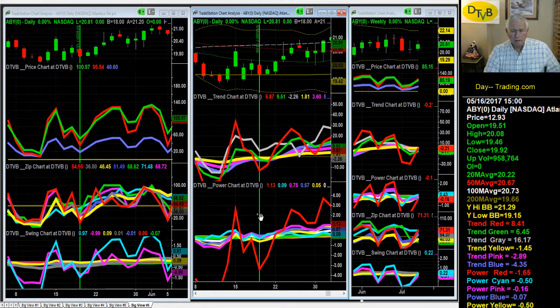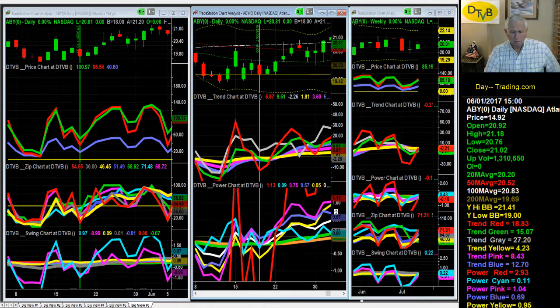So in this example here on the vertical green line, some of the key things that we have are that trend red is lowest, PowRed is lowest. It's very beneficial when those two are lowest. We also have power yellow lowest if I move this up.